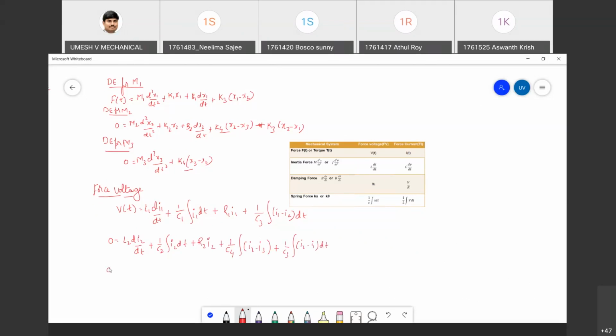Similarly, the last equation: L3 dI3 by dt plus K4, meaning 1 by C4 integral of I3 minus I2.